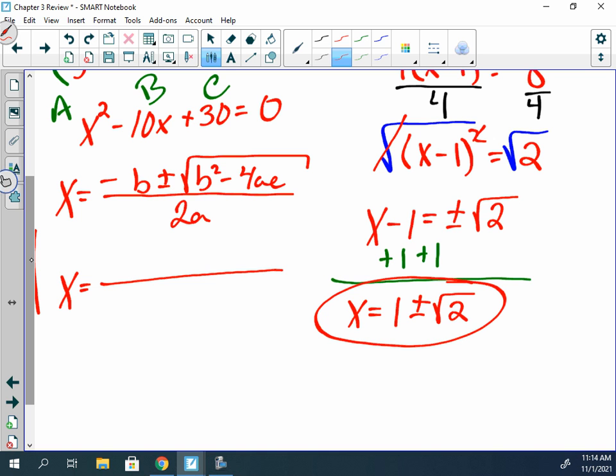So we're going to plug negative 10 into negative b. The negative and negative would make a positive, plus or minus the square root of negative 10 squared minus 4 times a times c, all over 2a. Well, a is 1, so 2 times 1 would give us 2.